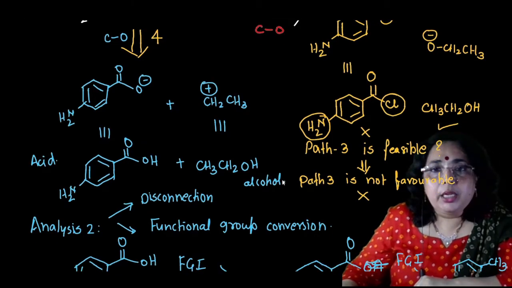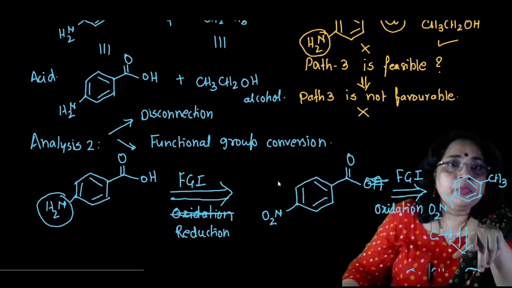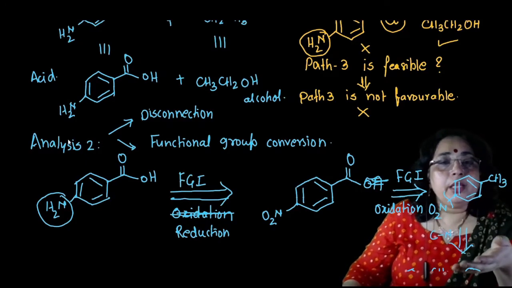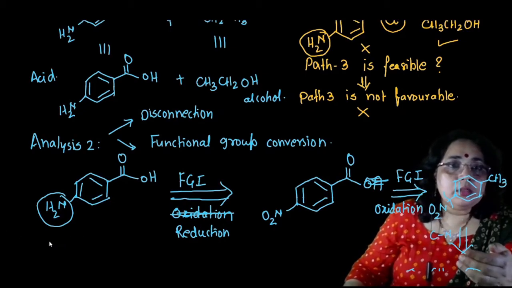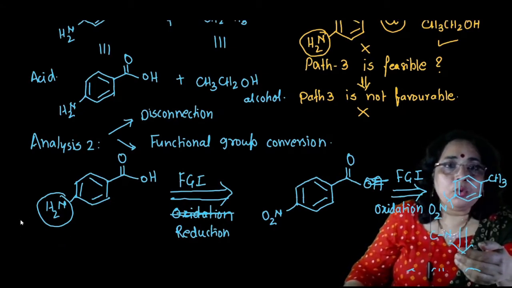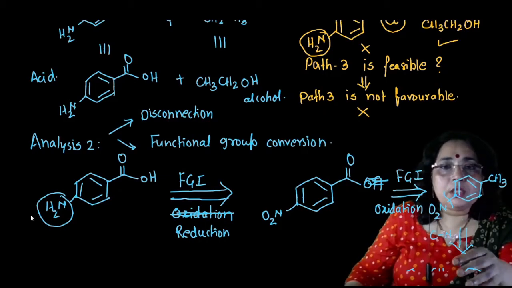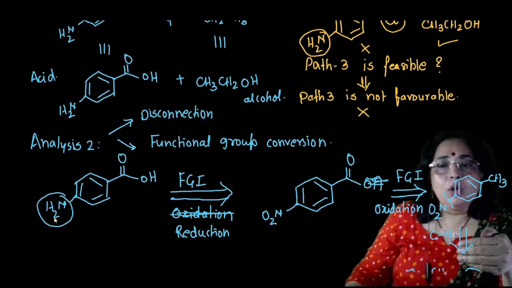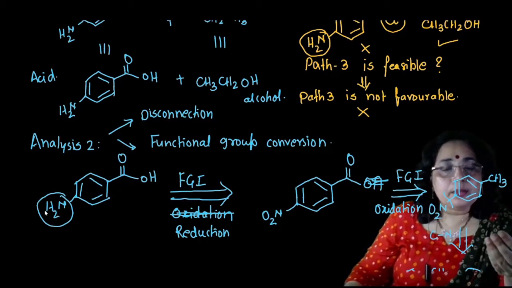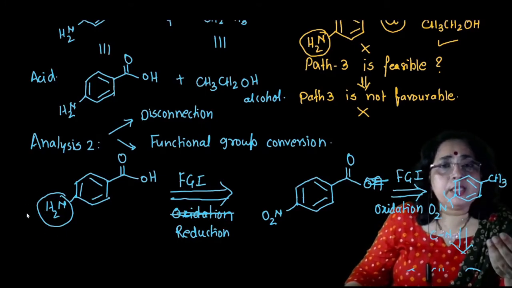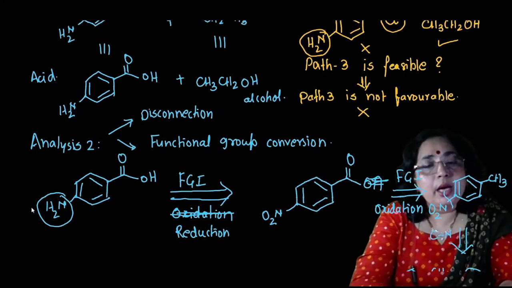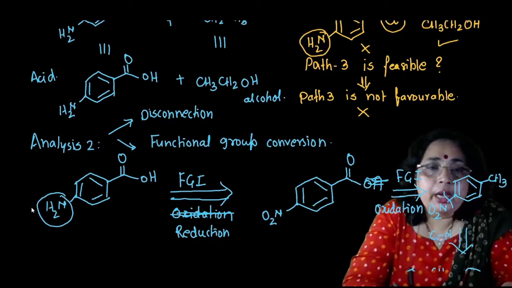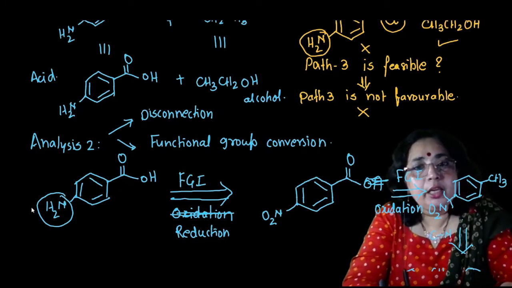But here the story doesn't end, because the second part of the analysis is required. Why? Because with this NH2 and this COOH the reaction doesn't go in the forward direction for various reasons that we'll explain later on, because of the meta-directing effect versus the ortho-para-directing effect.